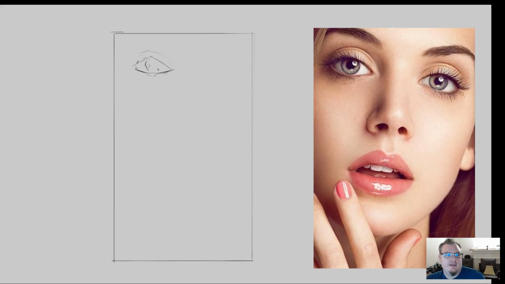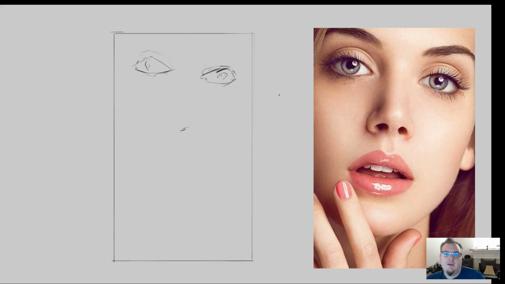That way you're not going to have to erase a bunch of stuff or fix things. And so we know the nose is going to be somewhere around here. The other eye needs to be right about there somewhere. And I know I need to stay away from the frame about that much. So I'm going to block in what I'm seeing there.